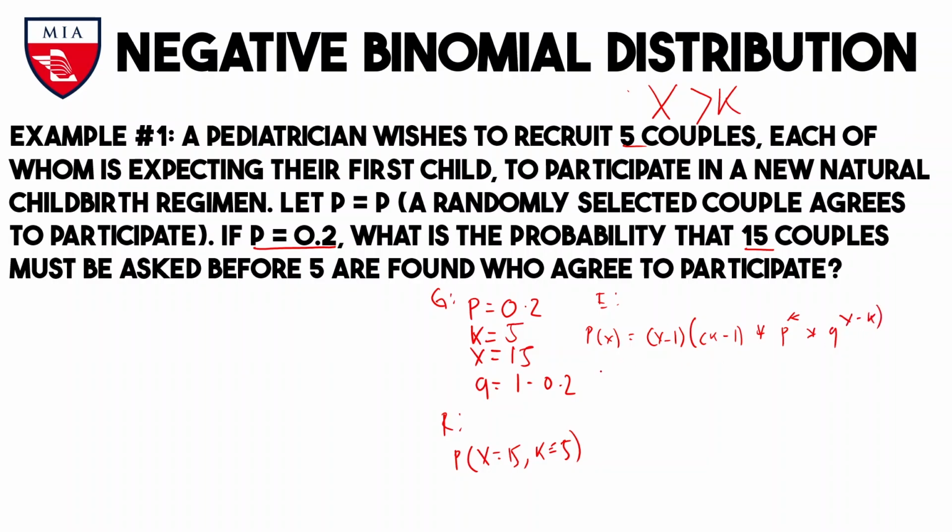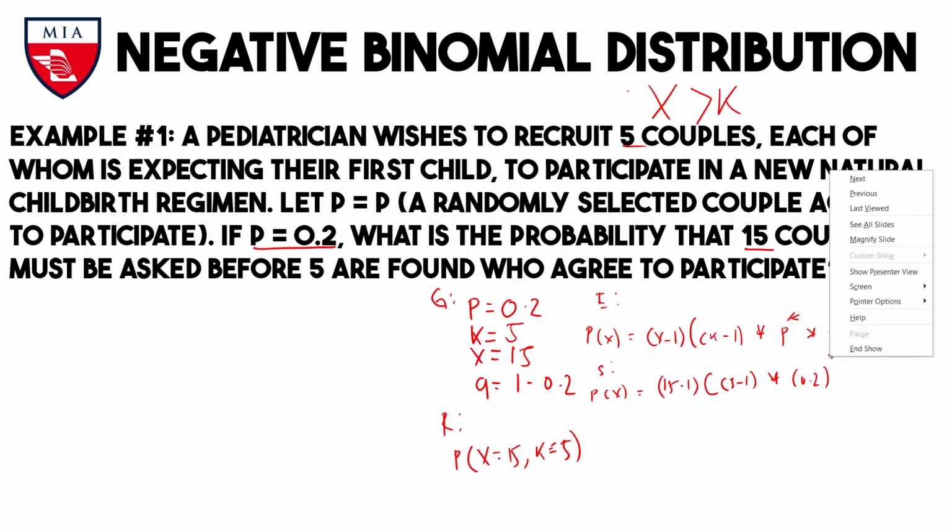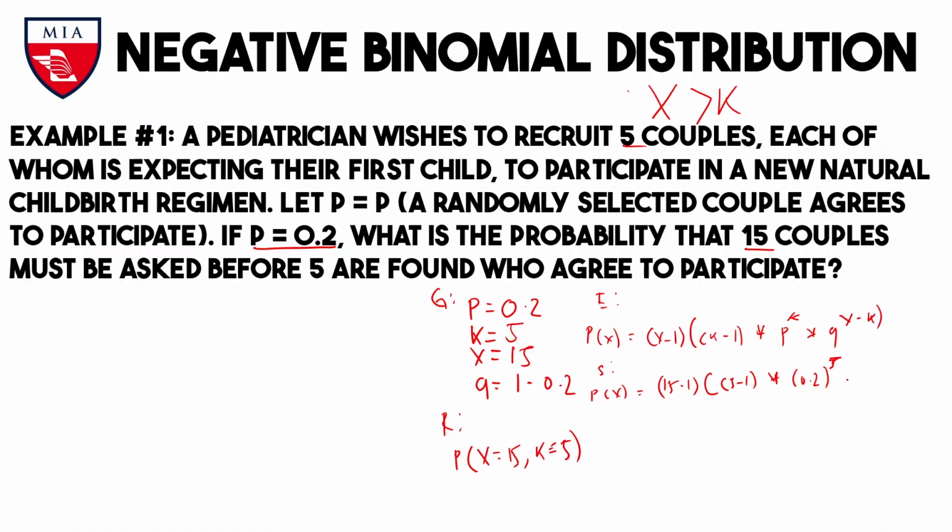Okay, so for the solution, we have (15 minus 1) combination (5 minus 1) multiplied by 0.2 raised to 5 multiplied by (1 minus 0.2) raised to 15 minus 5. Okay, so for the answer, let's use the calculator.